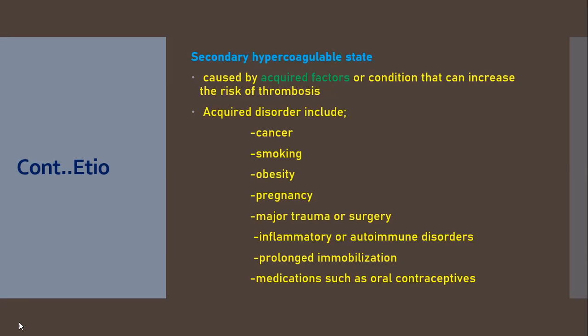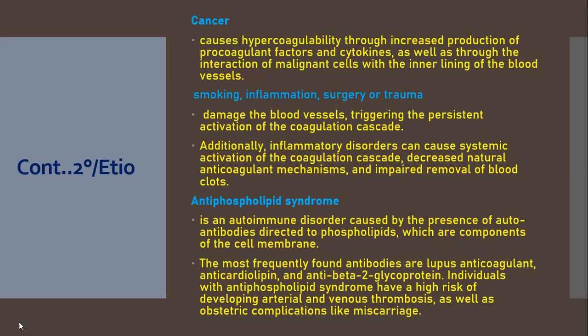So acquired disorders include the following: cancer, smoking, obesity, pregnancy, major trauma or surgery, inflammatory or autoimmune disorders, prolonged immobilization, medication such as oral contraceptives. So cancers can cause hypercoagulability through increased production of procoagulant factors and cytokines, as well as through the interaction of malignant cells with the inner lining of the blood vessels.